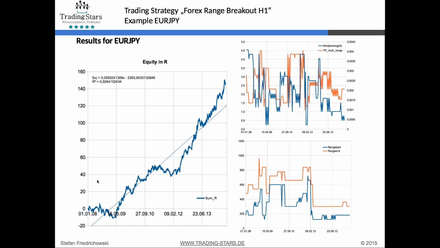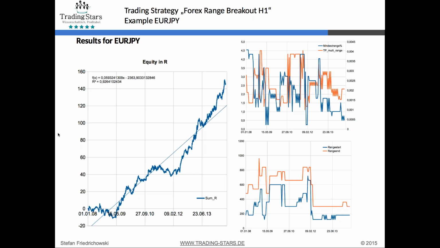You can see now that our parameters, what you see here on the right hand side, are different. We have different parameters for take profit multiplier, minimum range, and so on. Range start time, range end time, which is in this case minutes after midnight.